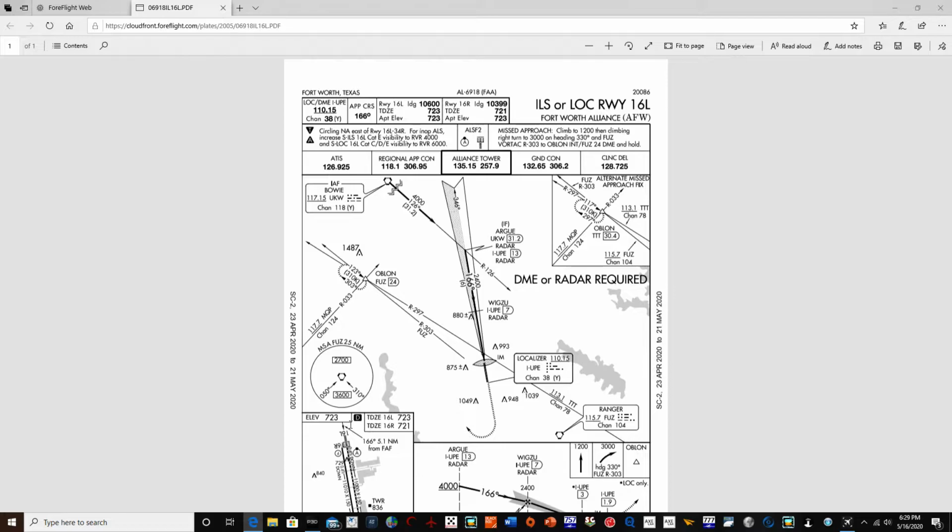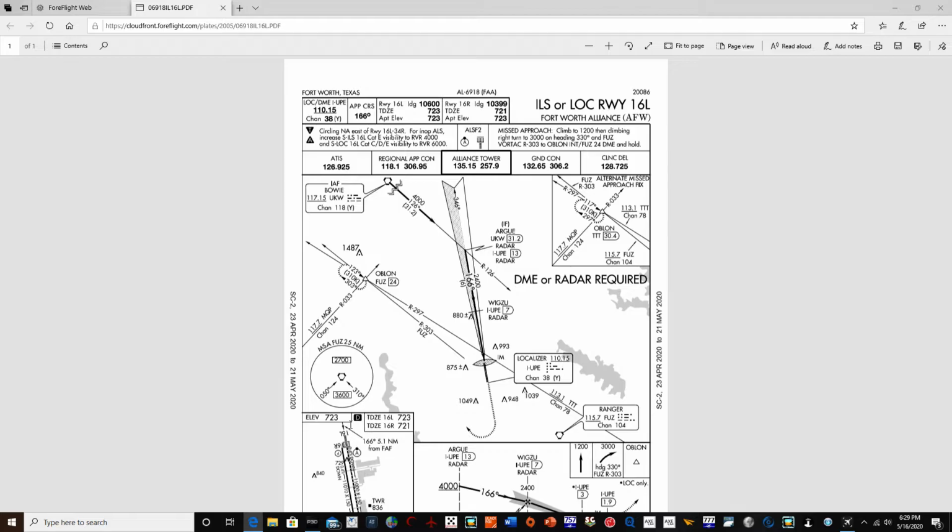And F stands for final configuration. On precision approaches, when the glide slope indicator, that horizontal bar, is approximately 1 dot above, so when it's on the top of the circle, center of the circle on the CDI indicator, which I'll show you when we get into the aircraft, that's when you configure for the approach, for dropping the landing gear, setting approach flaps, and reducing to your approach speed.